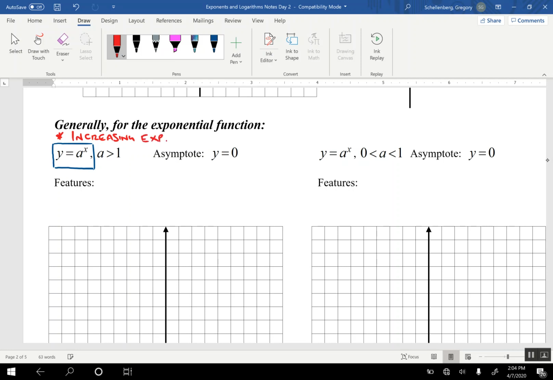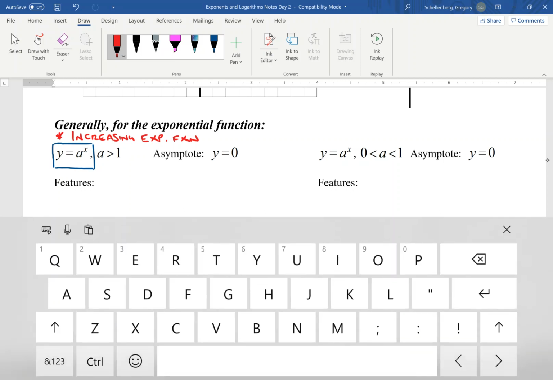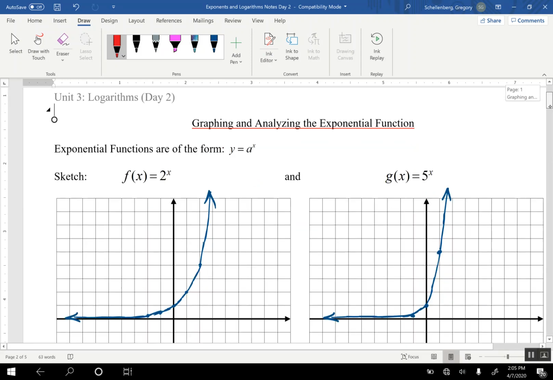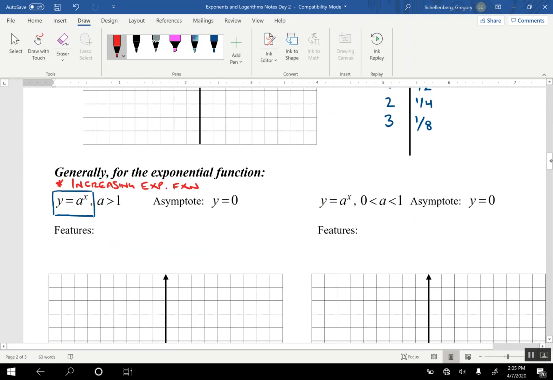So what that means is that as x gets bigger, y gets bigger and bigger and bigger. The general shape is something like this.